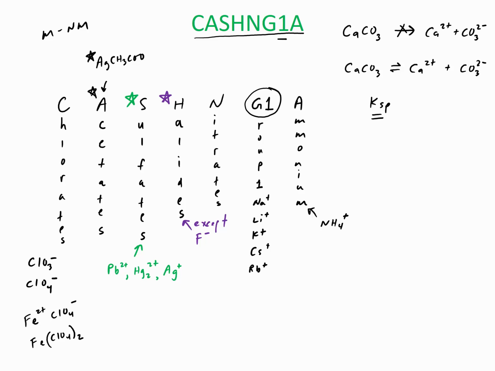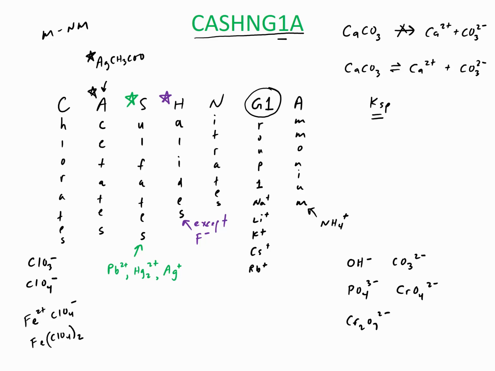Things that do not fall in Cash and Gia are considered insoluble. Things such as OH minus, carbonate CO3 2 minus, or phosphate PO4 3 minus. Chromates are popular ones, and dichromates, so Cr2O7 2 minus.